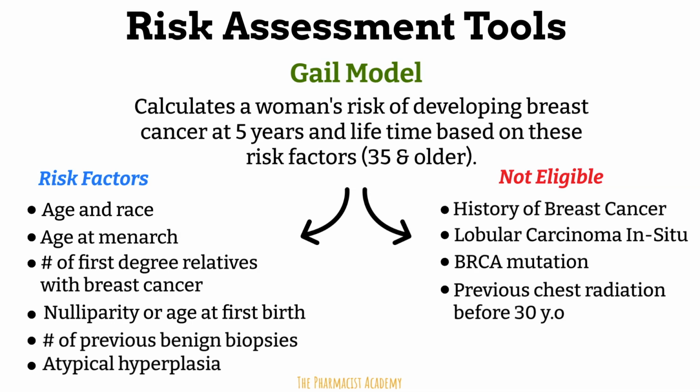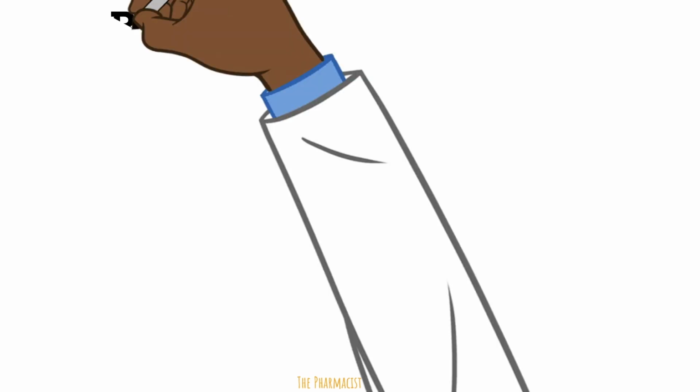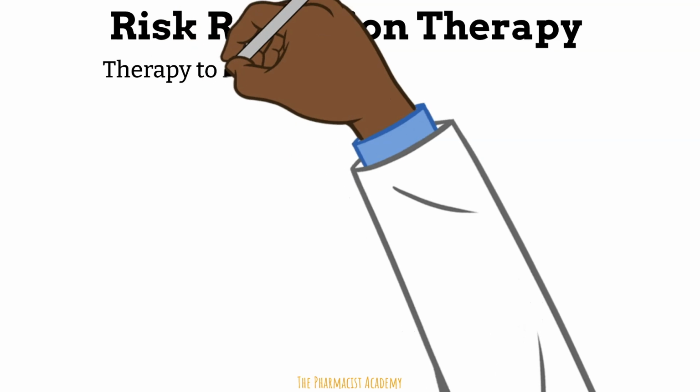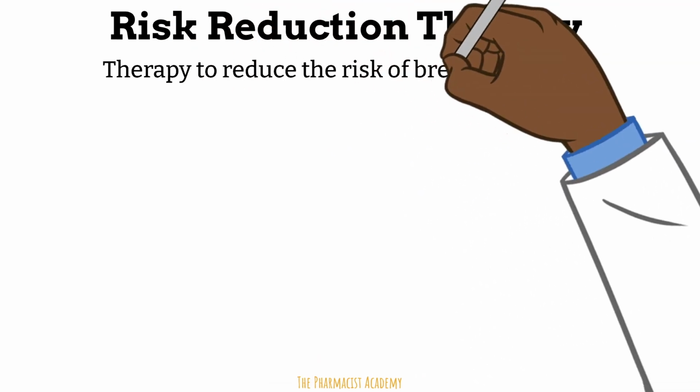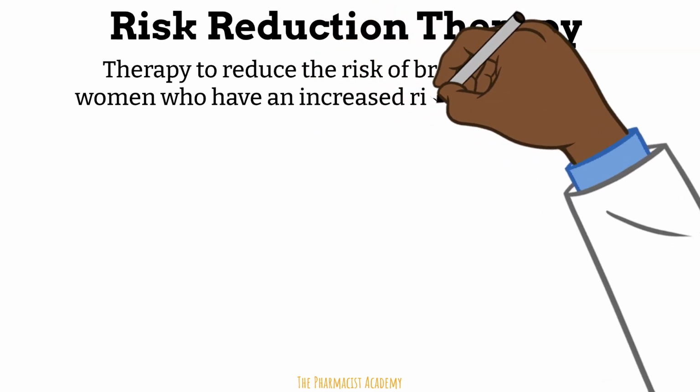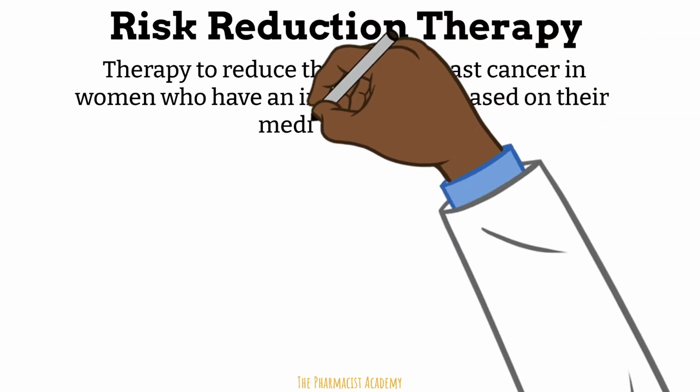The Gail model plus other factors are highly important in clinical practice because based on the score that's generated, we can possibly provide patients with something known as risk reduction therapy. Risk reduction therapy is defined as therapy to reduce the risk of breast cancer in women who have an increased risk based on their medical history.